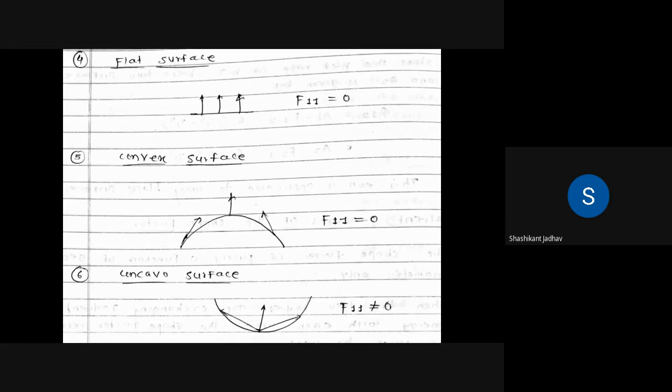Some amount will be transferred to the surrounding and some amount will be striking on the same element. So therefore 1 to 1 some energy transfer takes place. So therefore F1 to 1 not equal to 0. So write concave surface F11 not equal to 0.